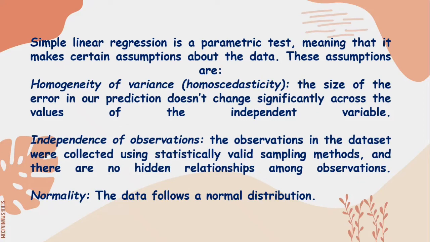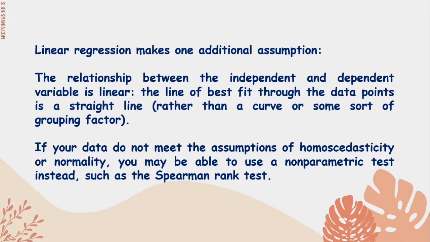Independence of observations: the observations in the data set were collected using statistically valid sampling methods, and there are no hidden relationships among the observations. Normality: the data follows a normal distribution.